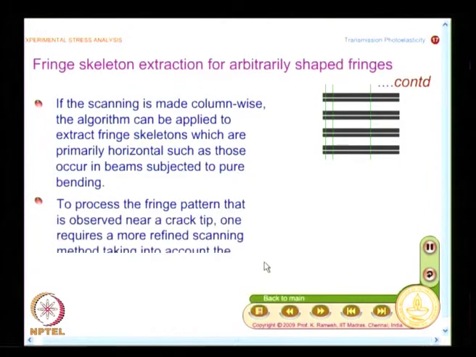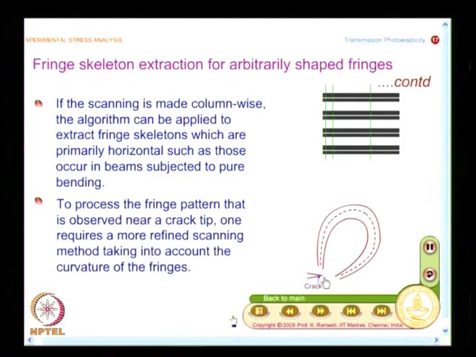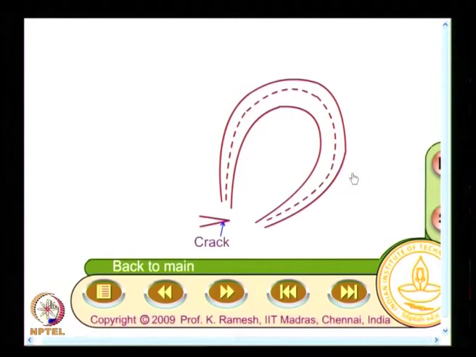So, what you have here is the typical shape in a crack, and enlarge the picture.